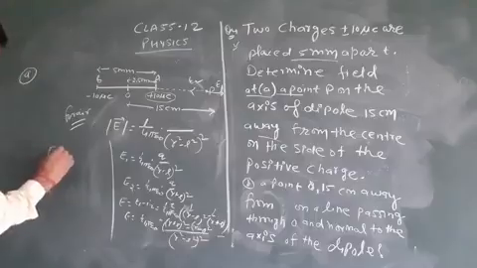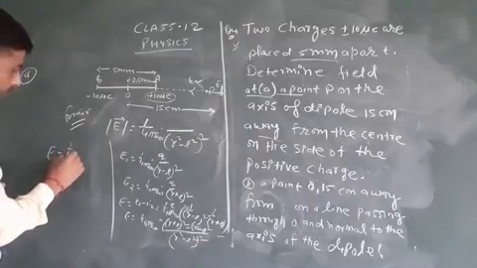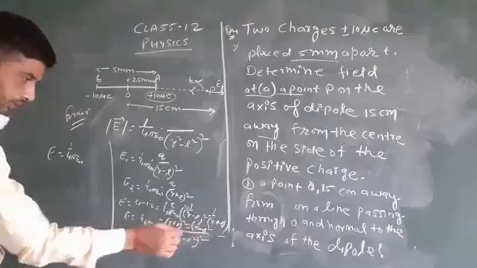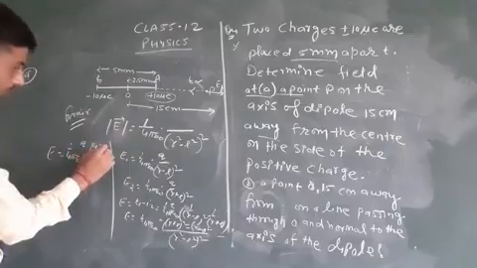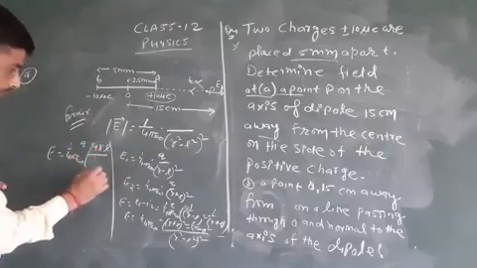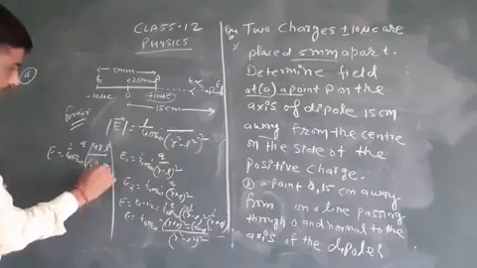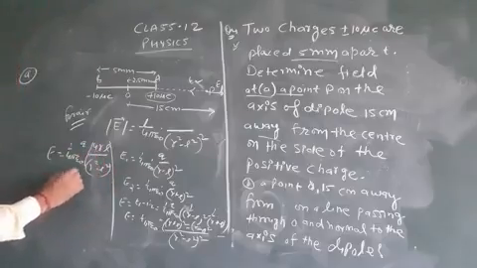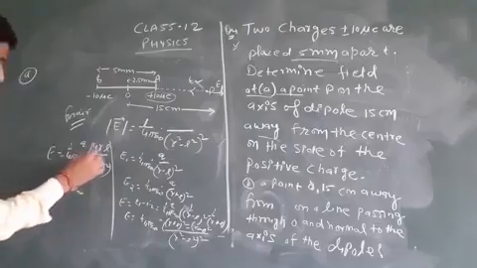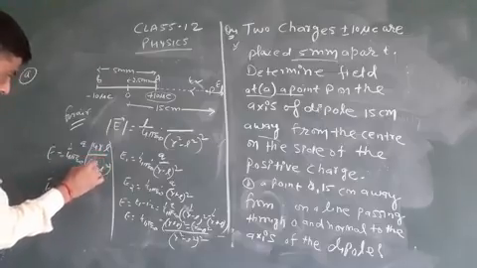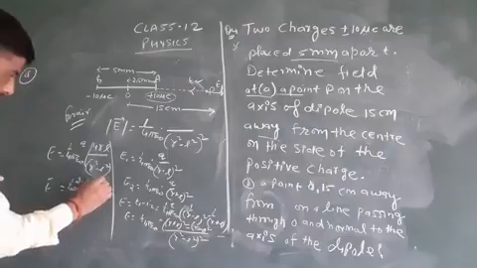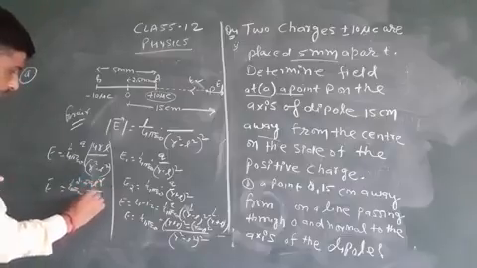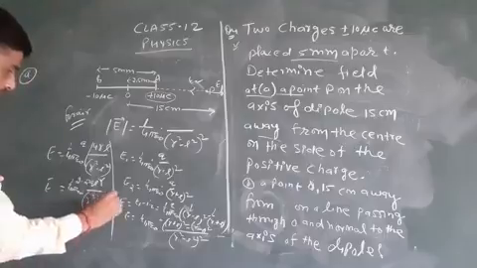And when you solve this, E equal to 1 upon 4 pi epsilon naught, it becomes 4RL upon R square minus L square. And this is equal to 1 upon 4 pi epsilon naught, 2L times 2R upon R square minus L square.